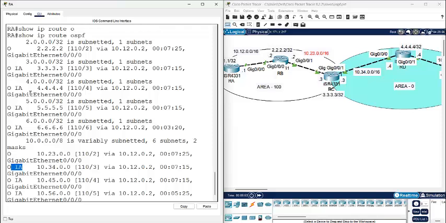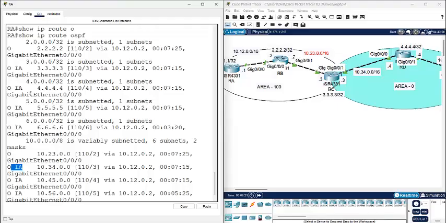O is OSPF running in the same area. IA is not between two borders. It means that it is coming from another area.